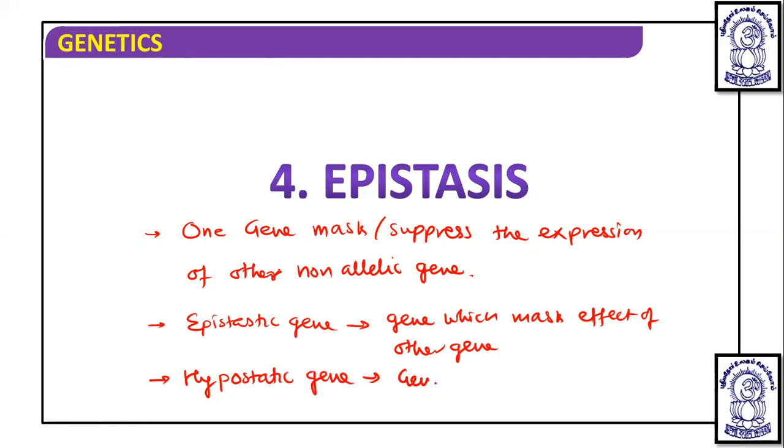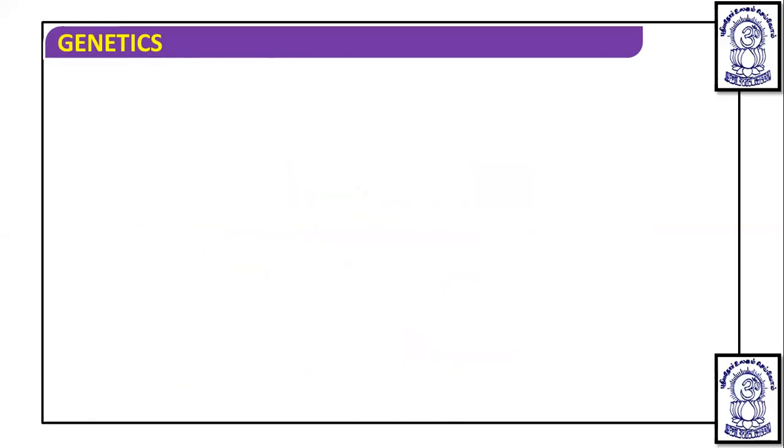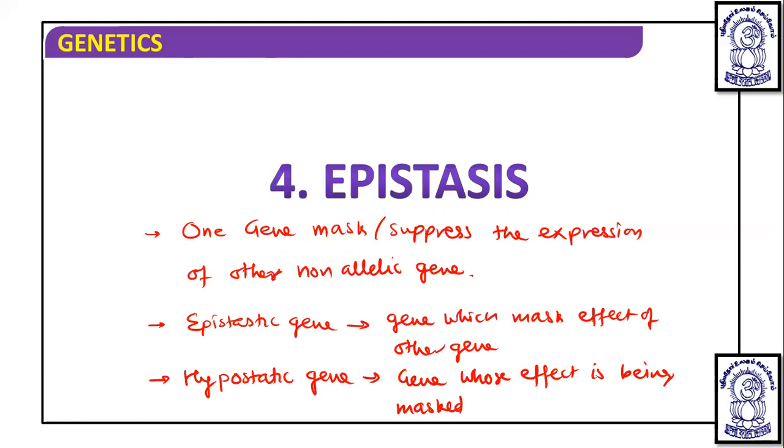If we talk about epistasis, it is of two types. See, the epistatic gene can be dominant or recessive. So based on this, it is of two types: dominant epistasis and recessive epistasis.